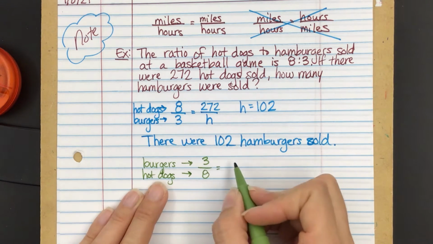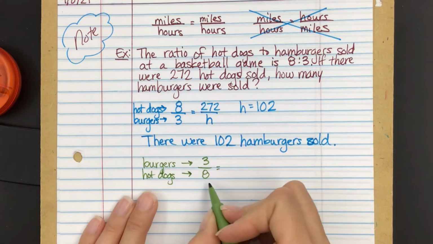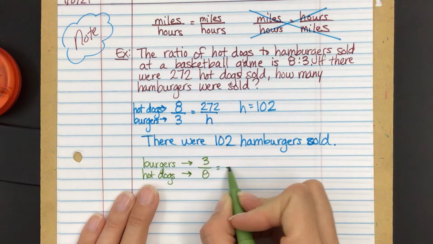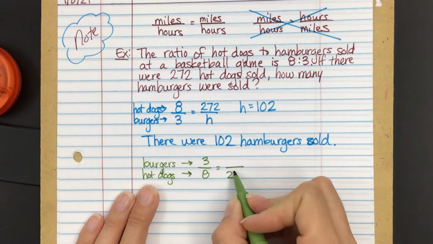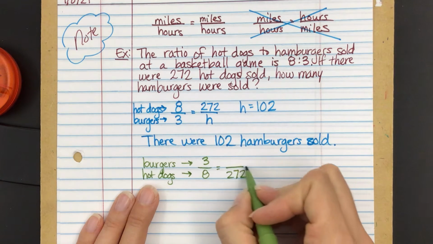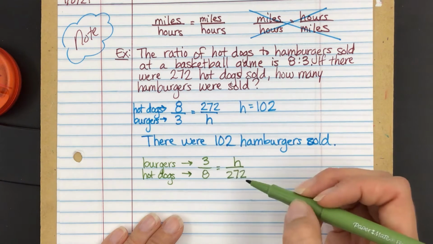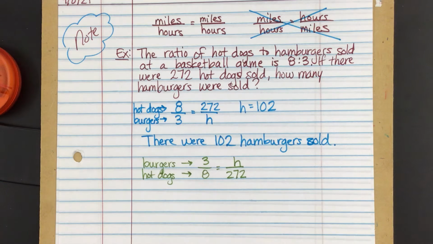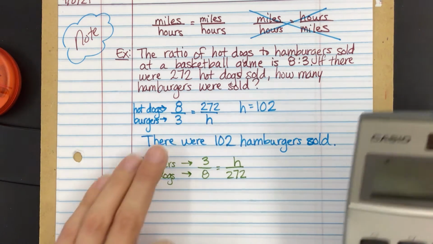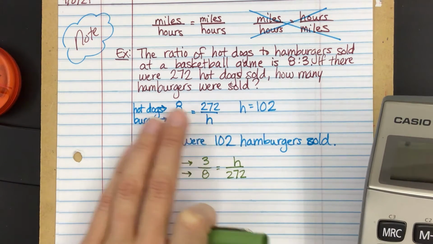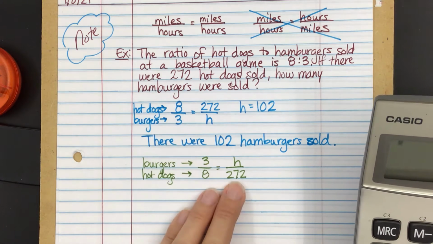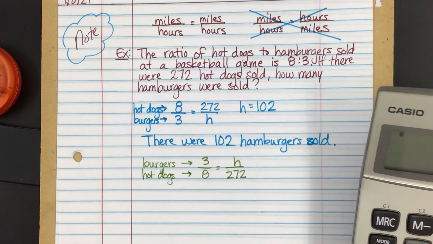Now, again, just being consistent is the key here. If hot dogs are on the bottom for this ratio, then hot dogs should be on the bottom for this ratio. And then we would do our variable here to hold the place. Now, when I multiply diagonally and divide, the same things are happening, because look, you did 3 times 272 divided by 8. 3 times 272 divided by 8.